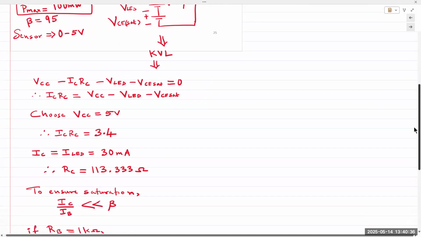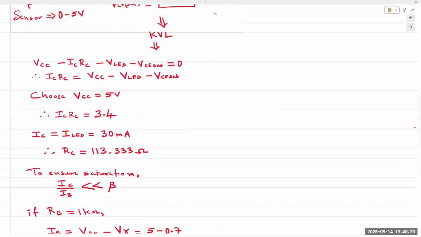Now, in this case, our design parameter is that we want to determine the value for RC. Okay. So let's choose VCC as 5 volts. Therefore, the ICRC drop would be about 3.4 volts, right? 5 minus 1.4 for the LED, minus 0.2 for the transistor. We know that the collector current should be 30 milliamps, which is what the LED current is.